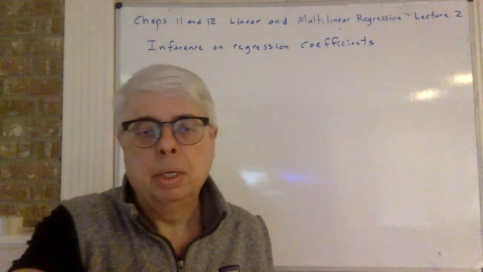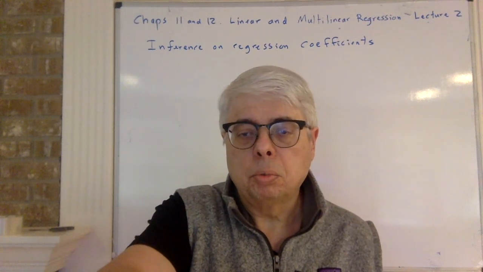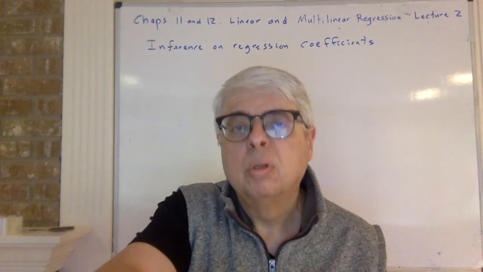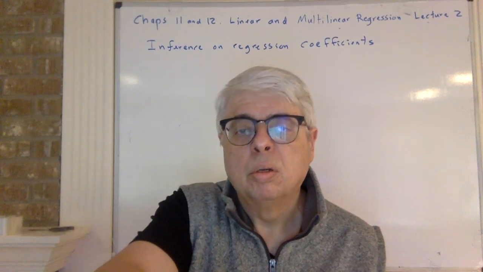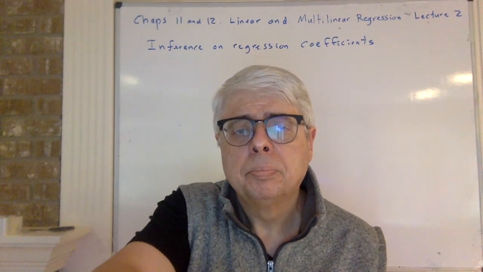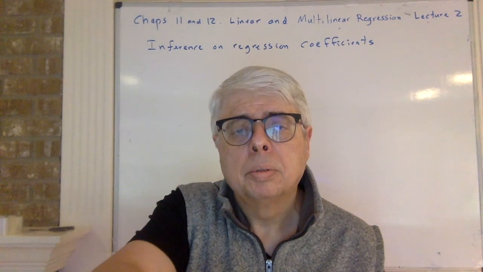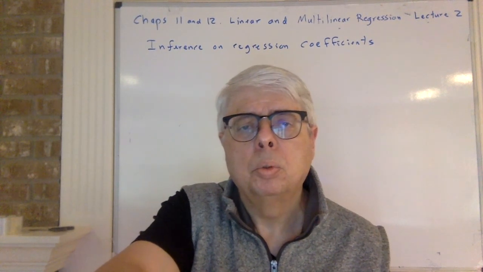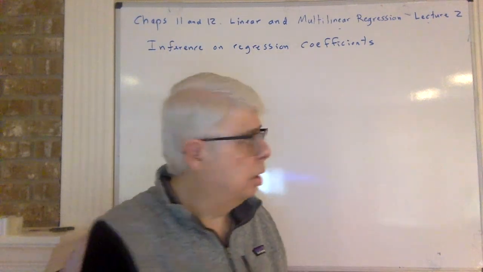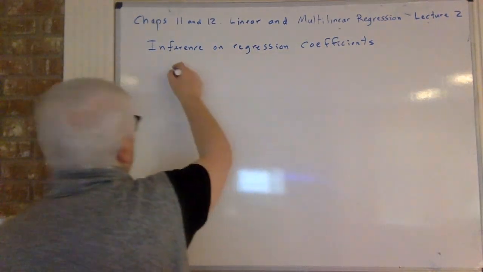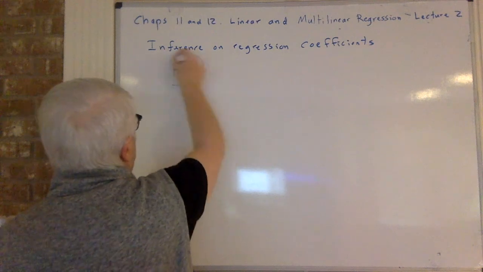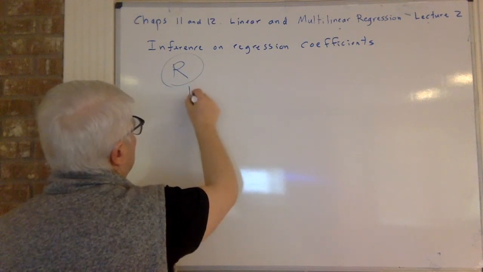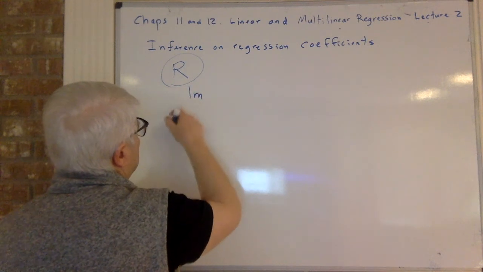Let me look at this output here. Where is it? I'm trying to find it. Okay, it's somewhere in R. Let's see in R what happens. In R, this linear regression is called lm, linear model.